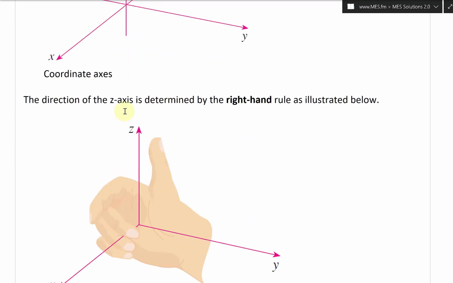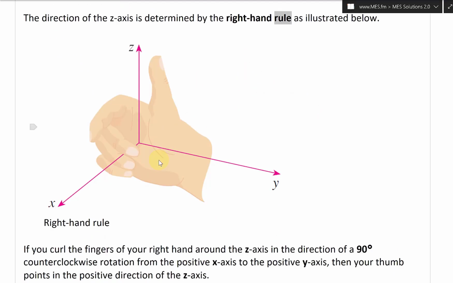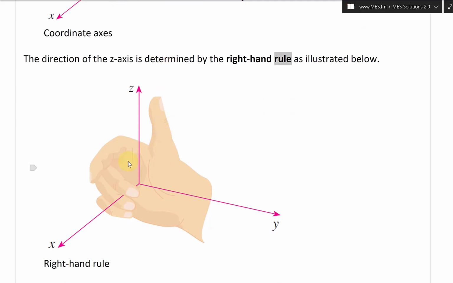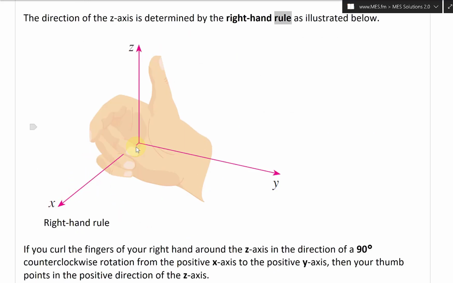The direction of the z-axis is determined by the right-hand rule, as illustrated below. There's your right hand here. Notice the thumb sticks out, and typically you could also have the index finger stick out for the x-axis. Notice it curls around from the x to the y, and the vertical is your thumb.